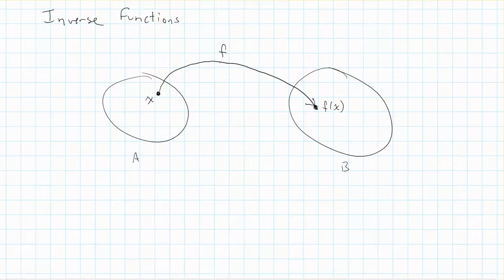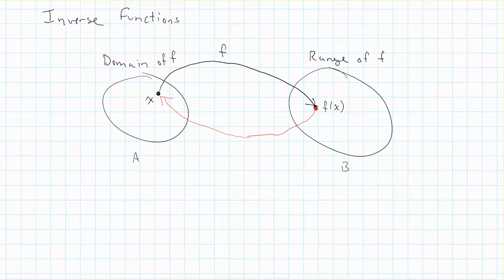And remember here that for a function, we called this set the domain, and then the range of f wasn't necessarily B, but it was sitting over here. This is the range of f. So domain of f, and then range. Now, inverse functions are basically going backwards. So we would take this point here that we started with, and we want to go backwards now and get to what we originally had.